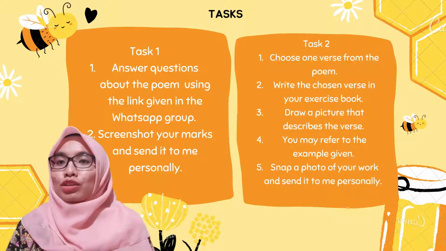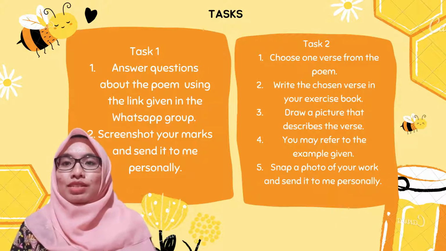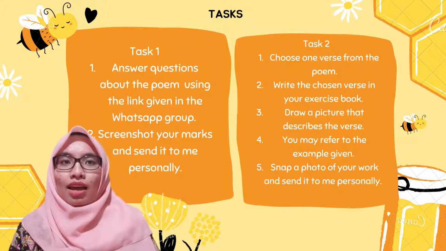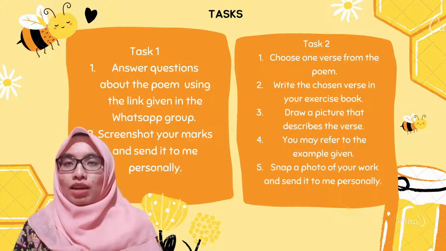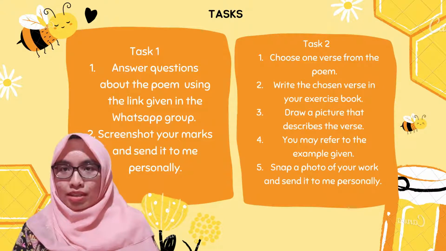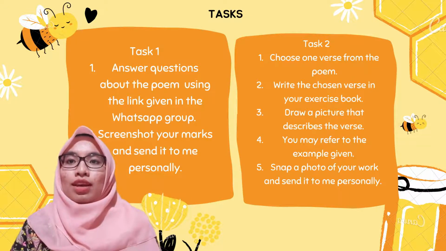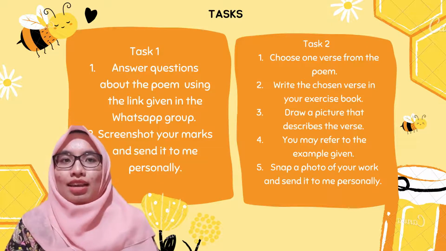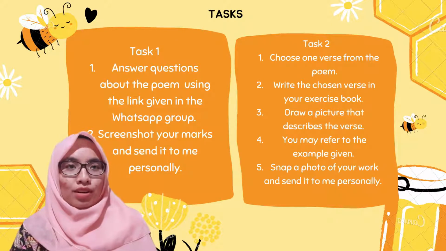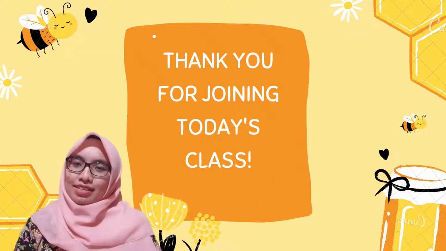And then I want you to draw a picture that clearly describes the verse that you have chosen. I have included a photo as an example in the WhatsApp group for you to refer to. You can refer to that as guidance and then snap a photo of your work and send it to me personally.